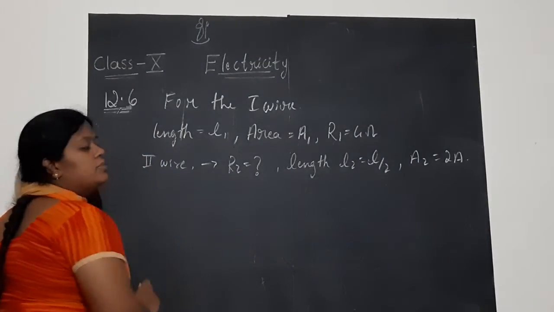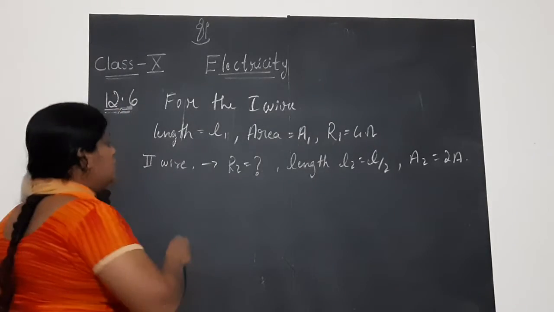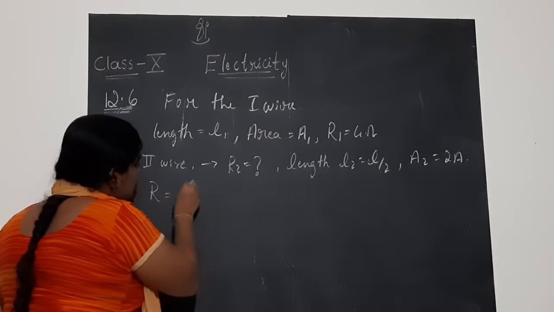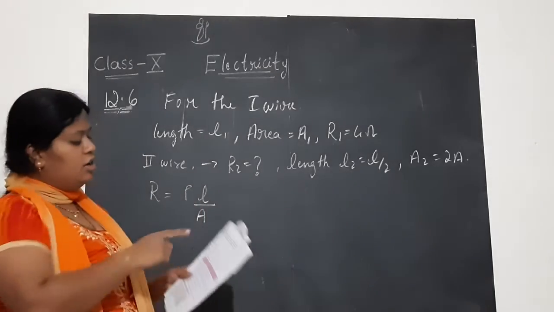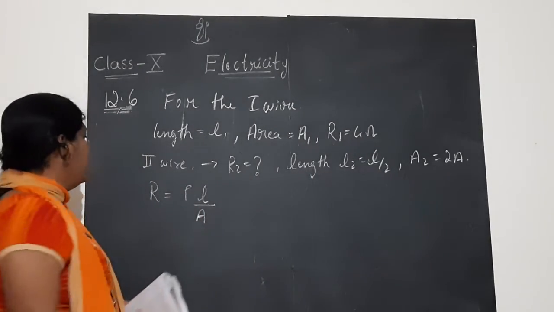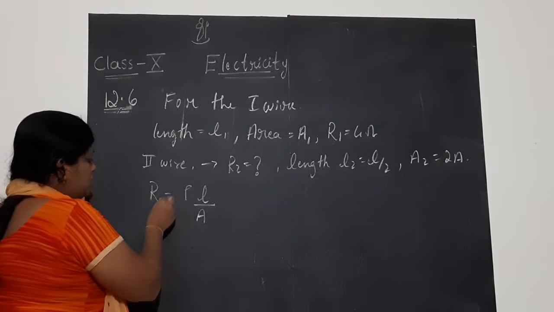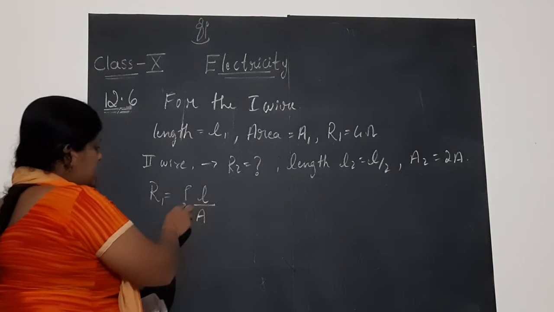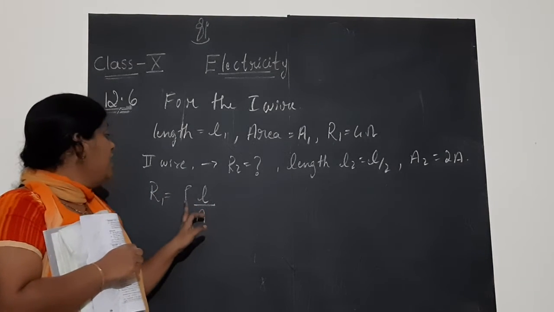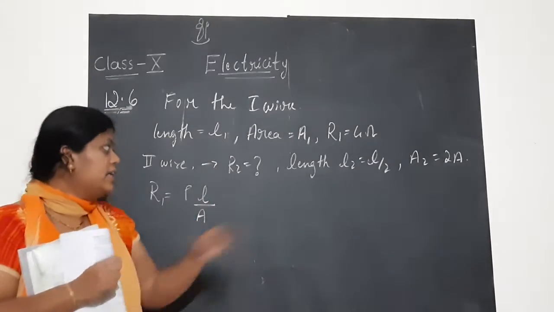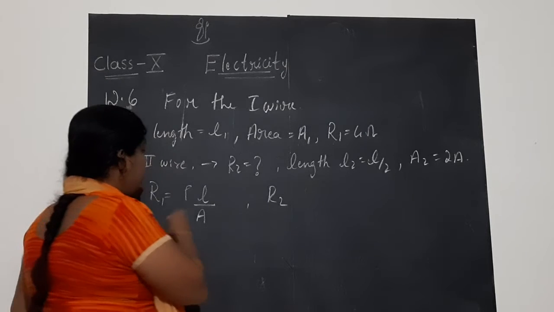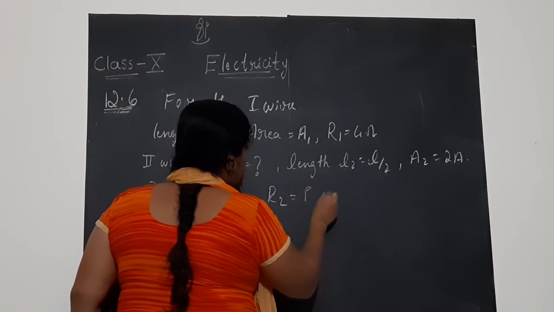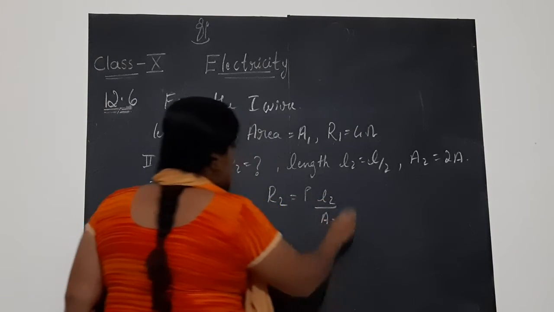So, again it is based on the formula for resistivity, children. We know R is equal to rho into L by A, the generalized formula we have. Here we are talking about the first wire, means R1 is equal to rho into L1 by A1. Two formulas we will write. Means for the second wire, what will be? R2 is equal to rho into L2 by A2.